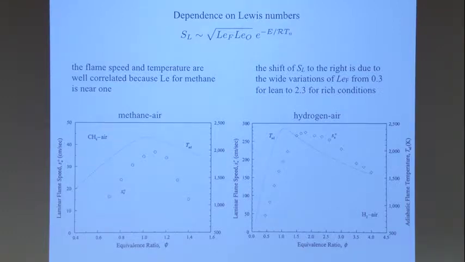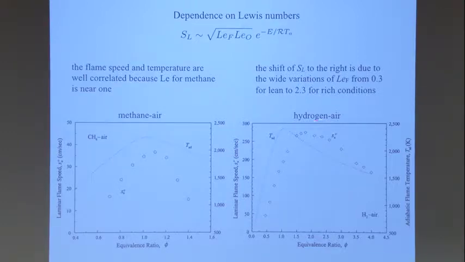Methane is not a very heavy and not a very light fuel, so the Lewis number is typically around 1. And so you see that the adiabatic temperature was computed, the flame speed was measured in this graph. It's taken from Ed Law's book. The two are quite correlated.